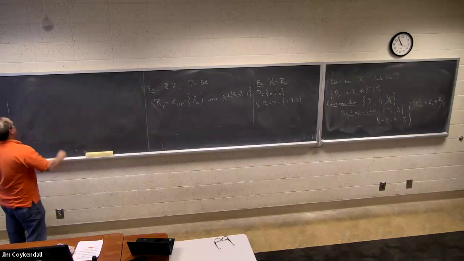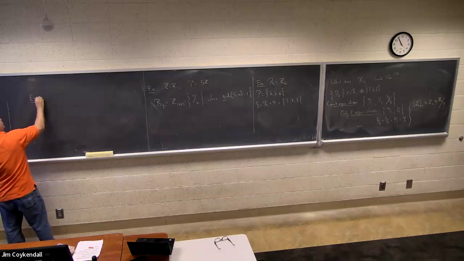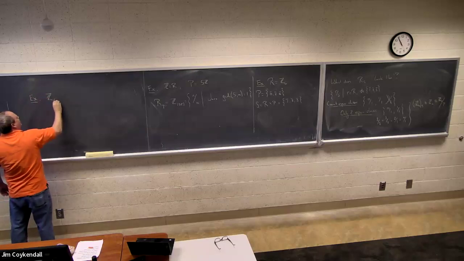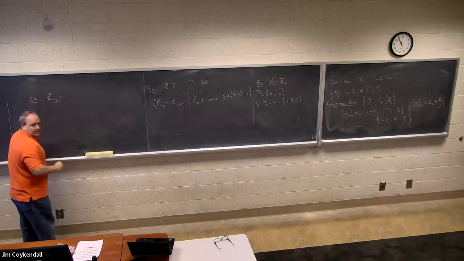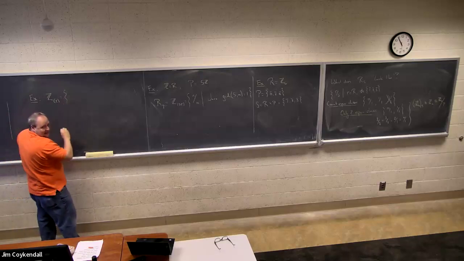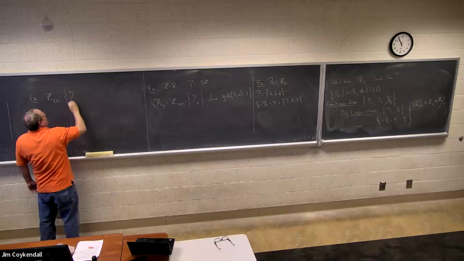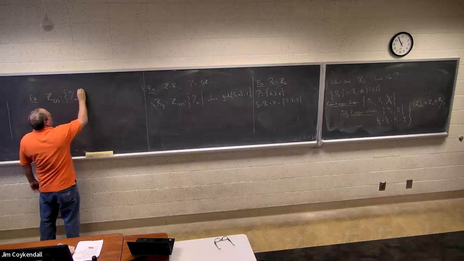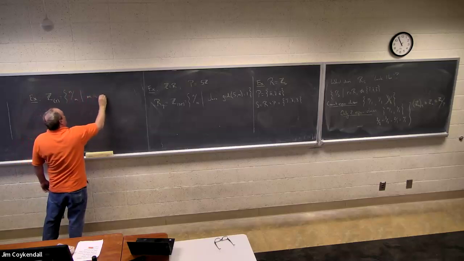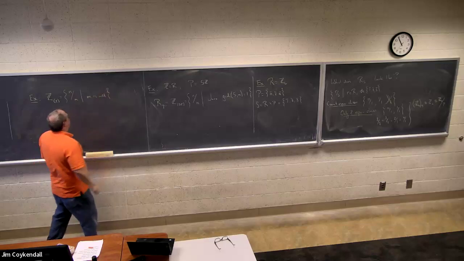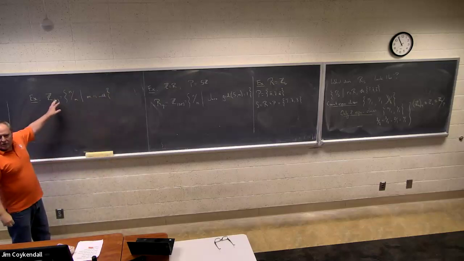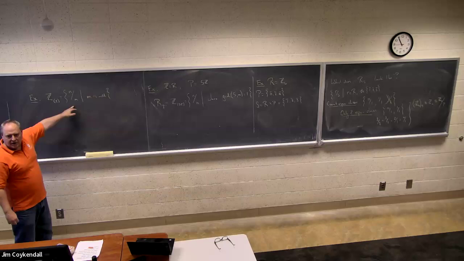Because, for example, Z localized at the ideal generated by 2 is big, right? It's N over M, where M is odd. So when you localize, you turn the complement of the ideal generated by 2 into units, you're allowing all odd denominators.